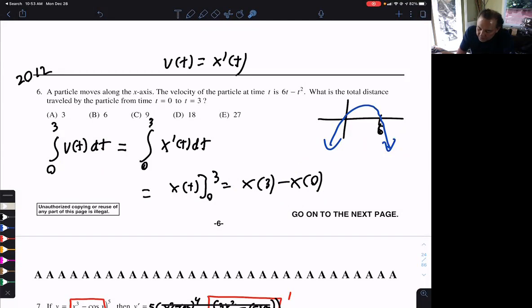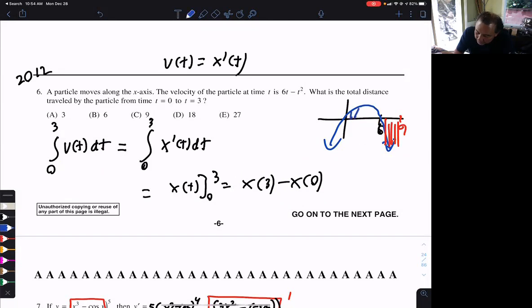Now, if you look from 0 to 3, it's always moving to the right. So the final position minus the starting position is also the total distance it's going to travel. But what if we went to a further point like 9? Here's what's going to happen. All of this is going to be negative because you're doing a net area when you integrate.